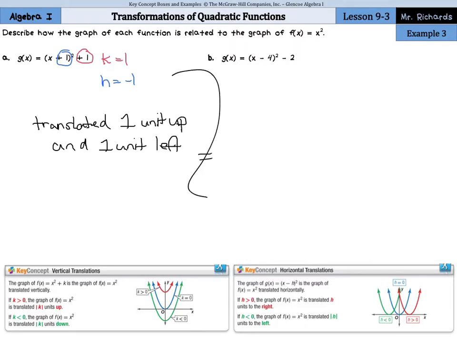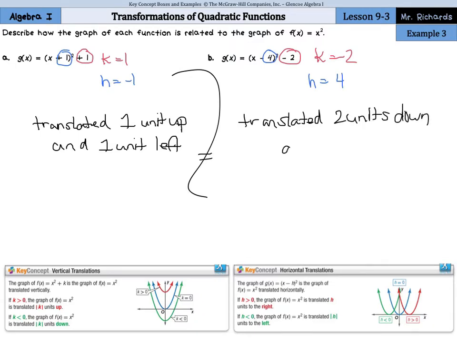And in example B, our k is going to equal negative 2, so we'll be going down, and our h equals a positive 4. So this once again is going to be a translation, so translated 2 units down and 4 units right.